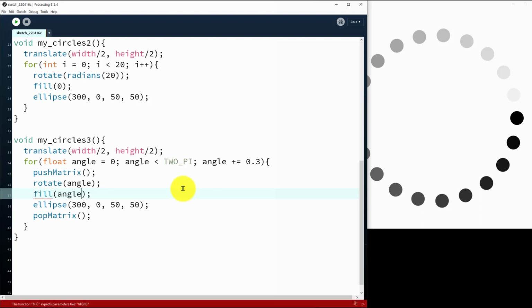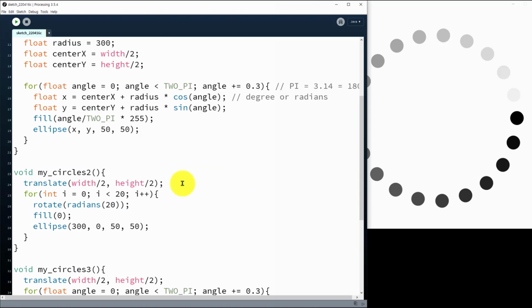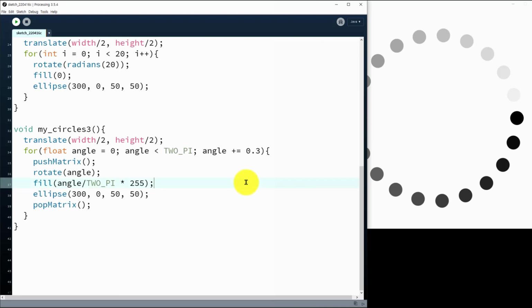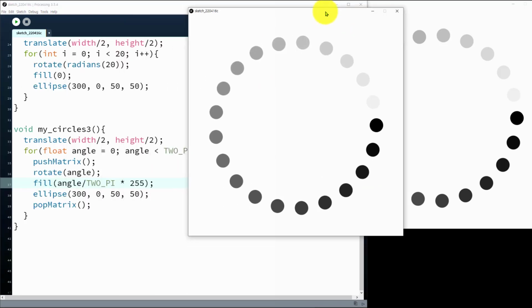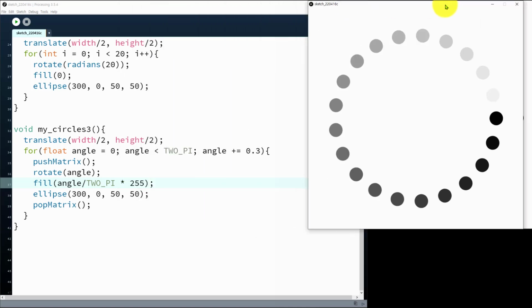If you divide this angle variable by 2 pi, the number will range from 0 to 1, right? So let's multiply by 255. Let's run it. See, we have the same result.